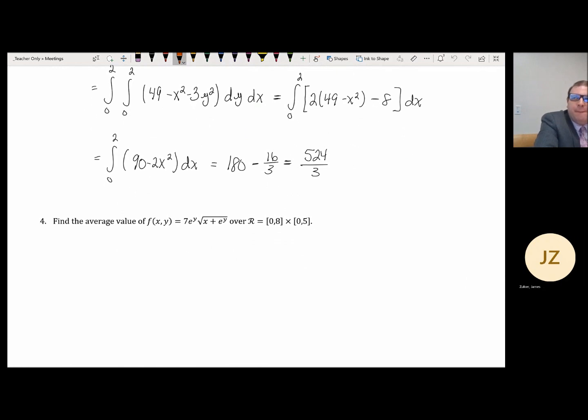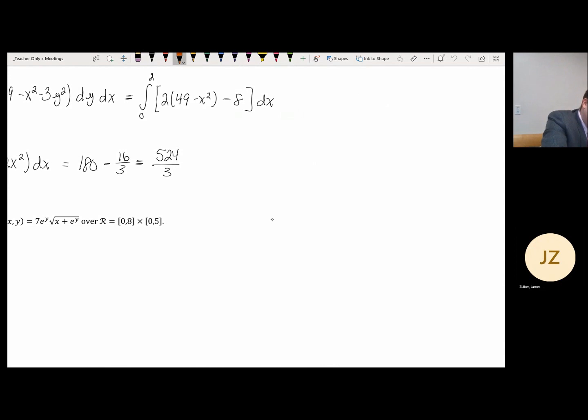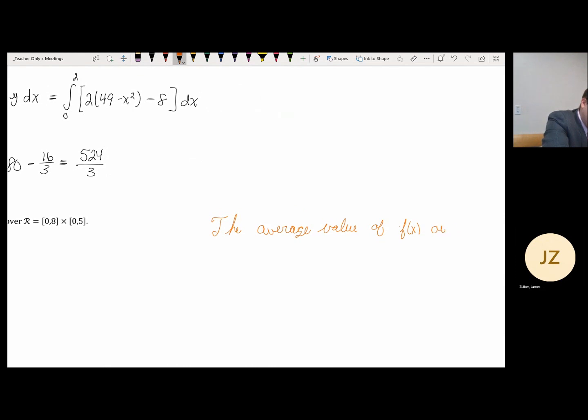Average value. We just look at f of x over some interval, a to b.